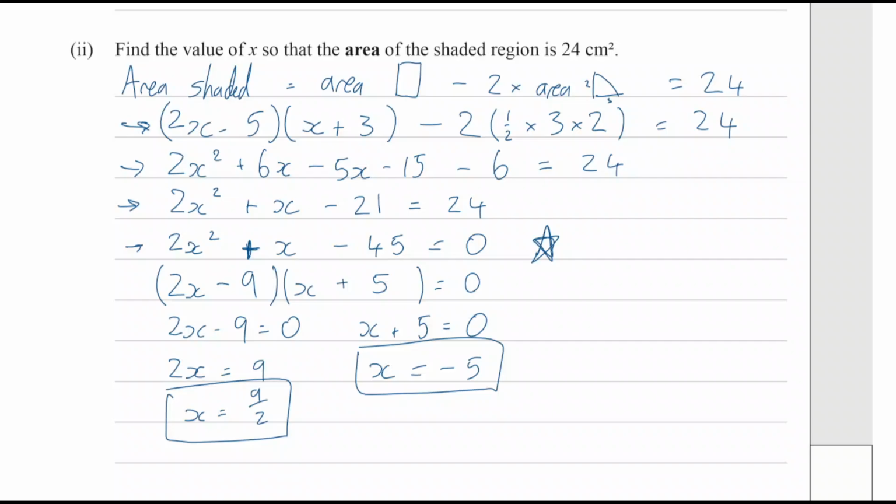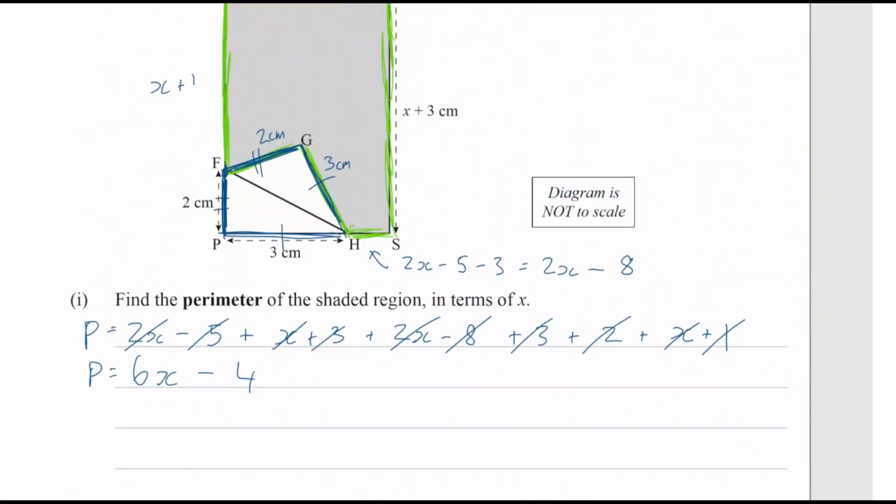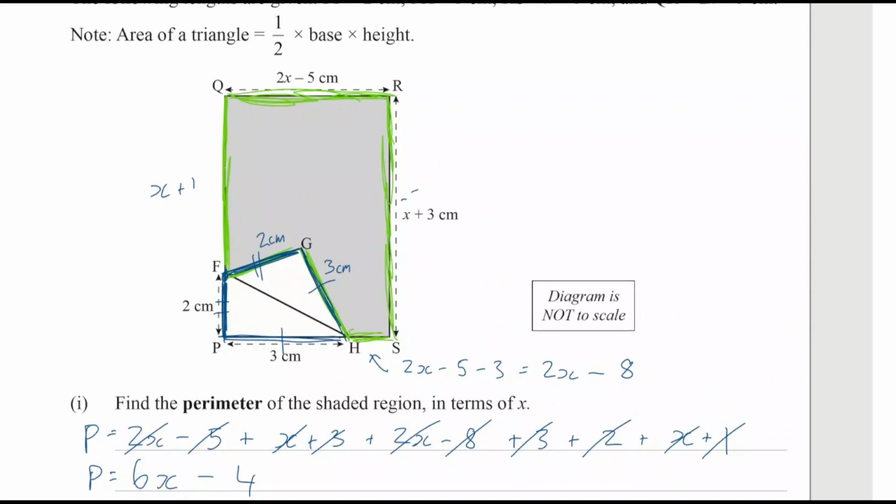Now, alright, we found the two values of x, but let's have a think. Can x be negative in this context? So if x was negative 5, this would have a side length of negative 5 plus 3, which would be negative 2. Doesn't really make sense for a dimension.